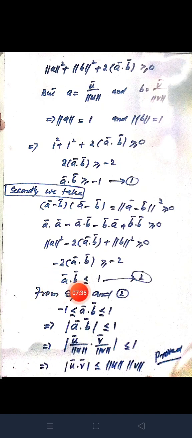So a vector into a vector is equal to norm of a square, and b vector into b vector is equal to norm of b square. This is not plus, this is actually multiply.